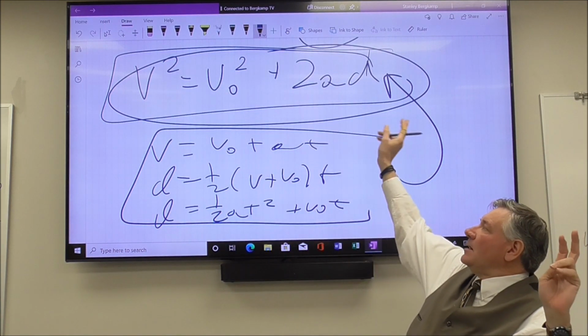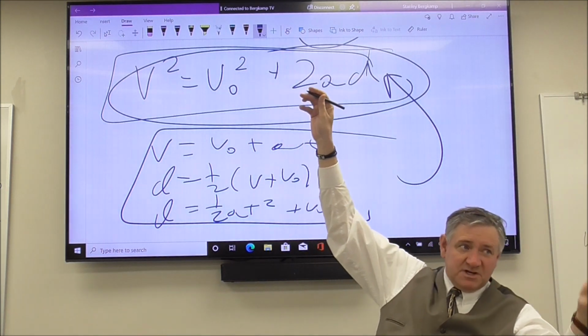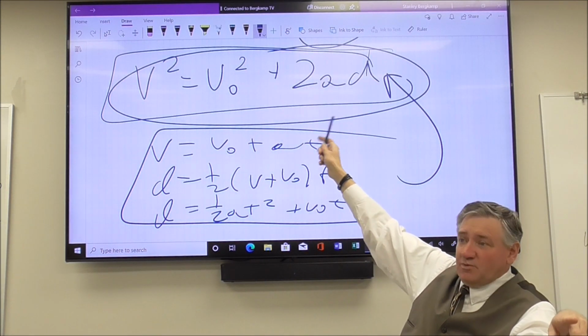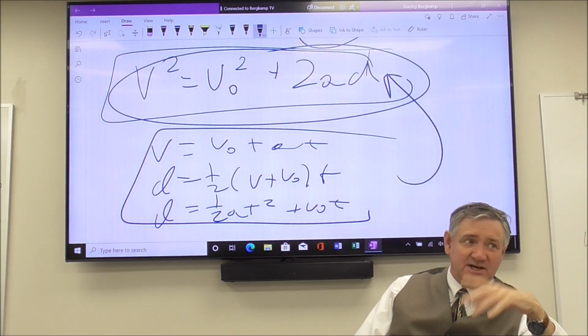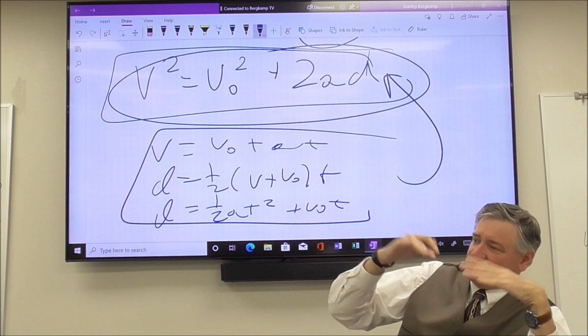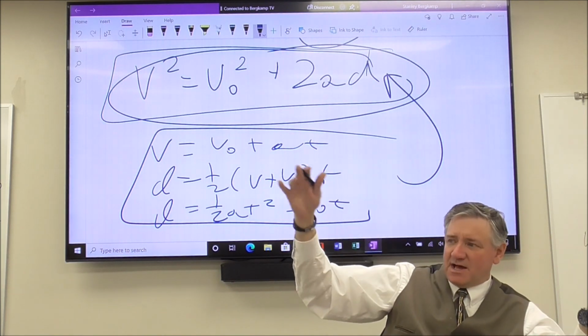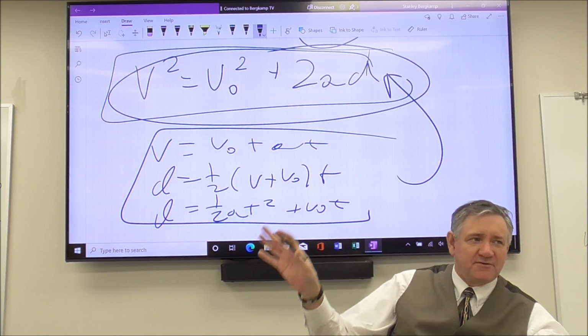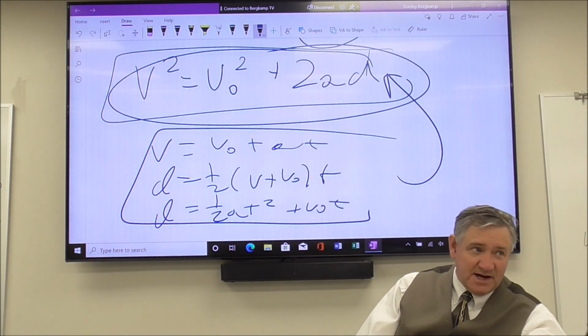Now, about the first week of May, when we're studying energy, you will see where that equation comes from. Okay? It comes from the conservation of potential and kinetic energy. Potential energy is mass times gravity times your height. Kinetic energy is 1/2 mass times velocity squared. Don't worry about that for now. Eventually, you will see where we get that equation.